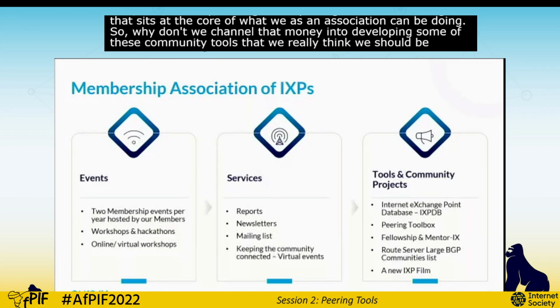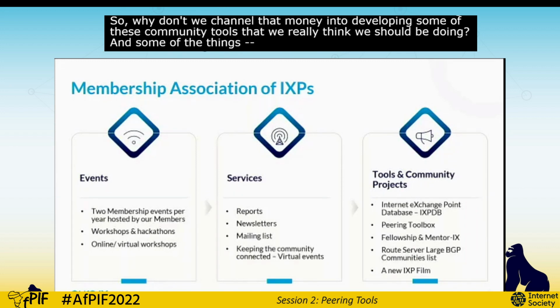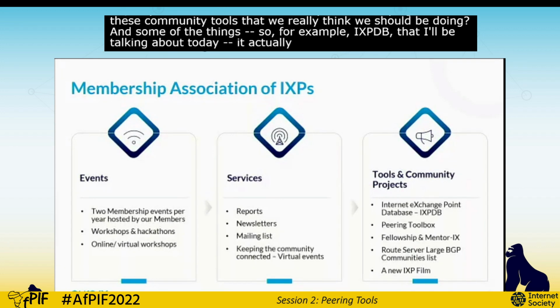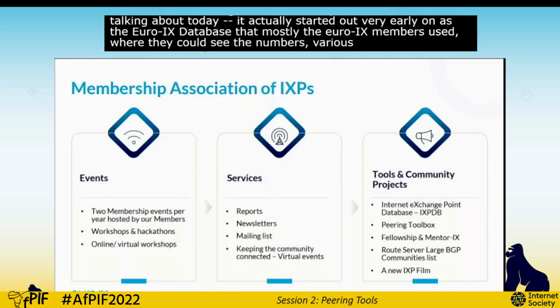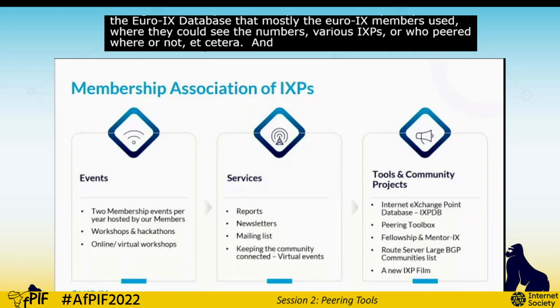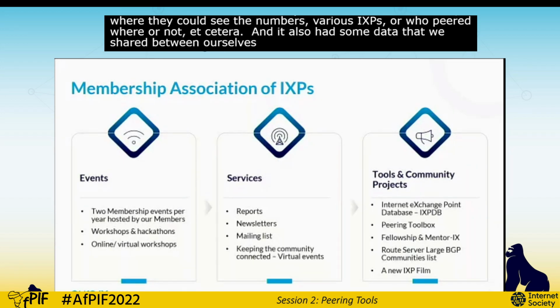For example, IXPDB, which I'll be talking about today, actually started out very early on as the Euro-IX database that mostly Euro-IX members used, where they could see what AS numbers were at various IXPs, or who peered where, etc. And it also had some data that we shared between ourselves about what hardware the different IXPs use, etc.